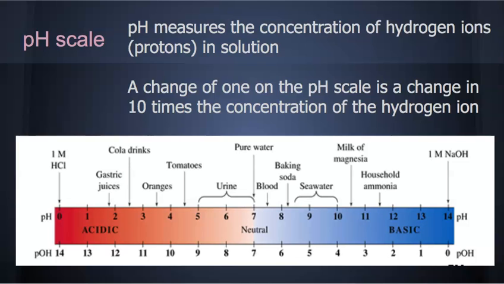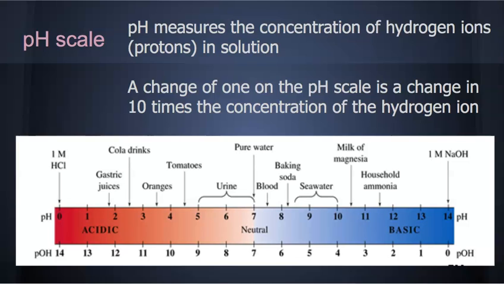Moving down the acidic side, tomatoes, oranges, also things like grapefruits and lemons and limes are all pretty acidic. Your cola drinks, things like Coke, Pepsi, root beer, are fairly acidic. Not quite so much though as gastric juices, which really means mostly stomach acid.